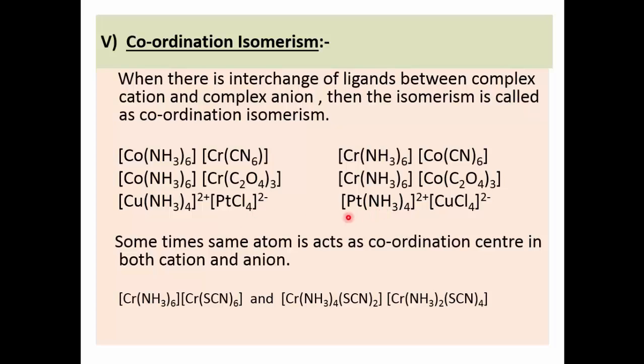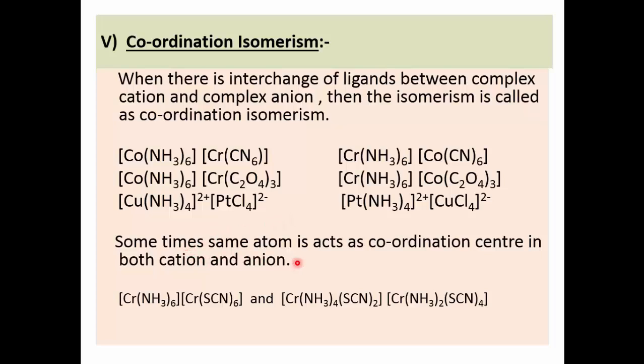But see, in this isomer, platinum is coordinated to 4 ammonia molecules, neutral molecules. Therefore, on the square bracket there is a positive charge. Platinum is part of the cation. So here platinum is part of the cation, here it is part of the anion. In this way, there is an interchange of ligands between complex cation and complex anion. This is called coordination isomerism.